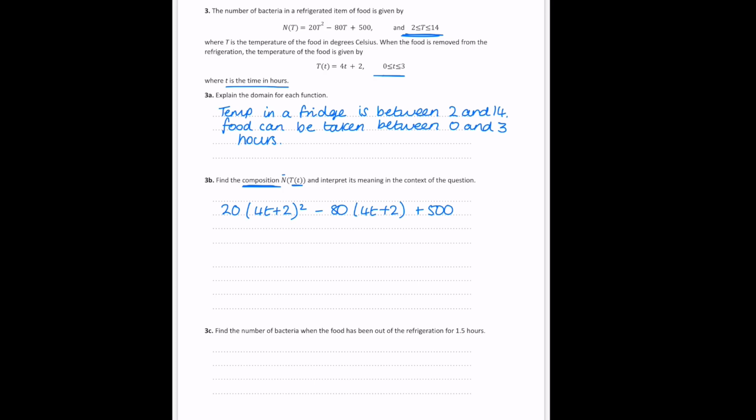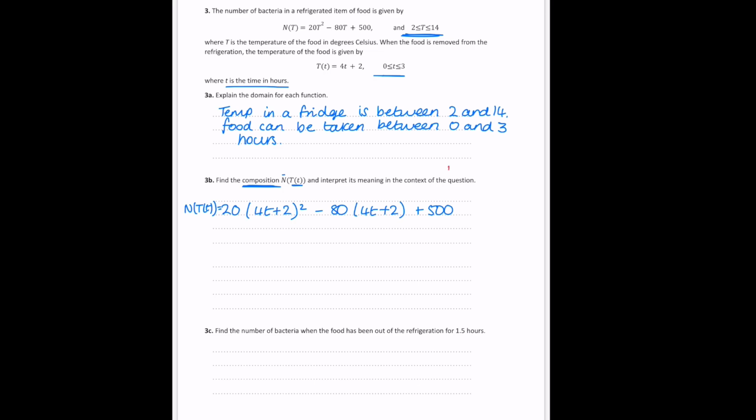So I can leave it like that if I want to, so long as I label it. So this is N(T(t)). I don't have to expand it, or we can expand it out if we want to. If we're expanding it out, we just need to remember that this first bracket here should be multiplied by itself.